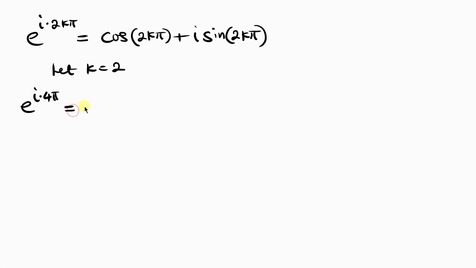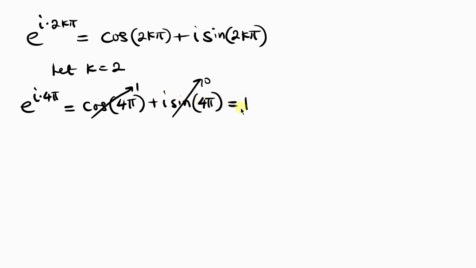This will give cos, remember, this will be 2 times 2 times pi, that is 4 pi, plus i times sine, which is going to be 4 pi, the same as what we have here. Now, cos 4 pi is actually 1, and sine 4 pi is 0. So 1 times 0 times i is 0. So that means we have 1 plus 0, which actually gives 1.